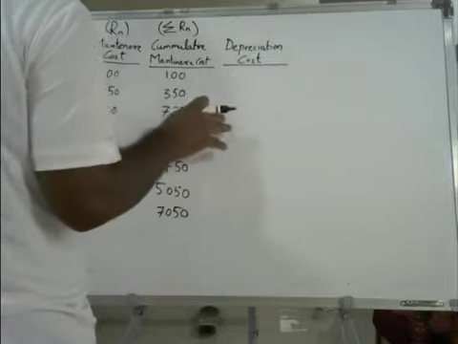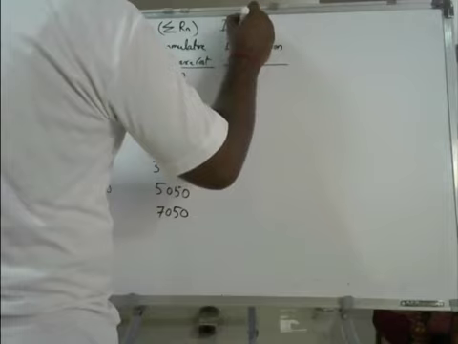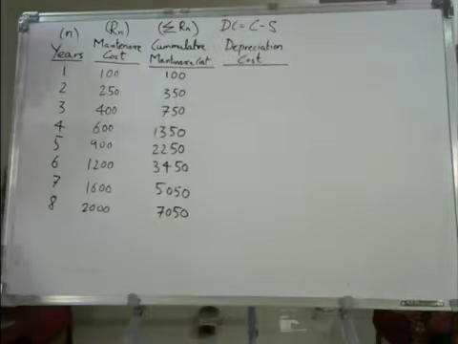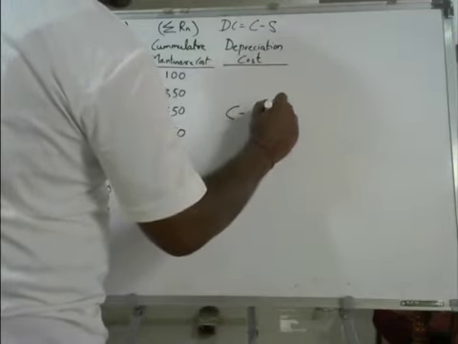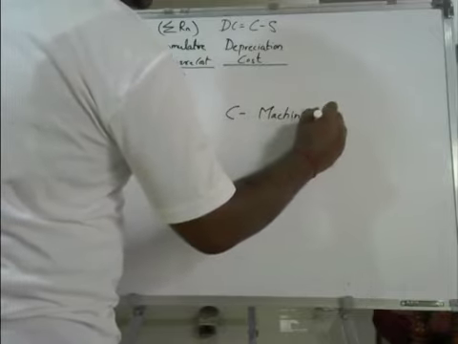Now the depreciation cost is equal to C minus S. C is the machine cost.